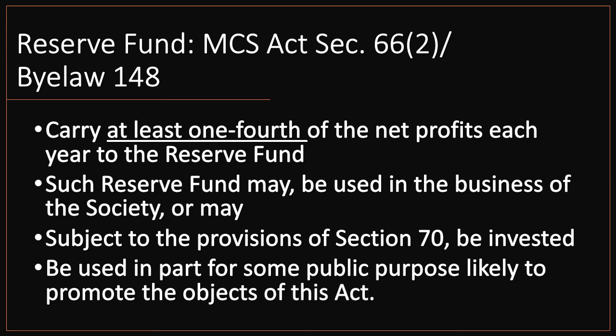Lastly, it may be used in part for some public purpose likely to promote the objects of the society. So if you go to bylaw number 5, you will find a description of the objects of the society. For example, the very first one is to obtain conveyance. That is going to involve some amount of expense, so this money can be utilized over there. Reserve fund money can be used to attain the objects of the society.